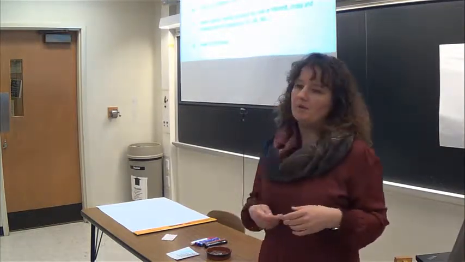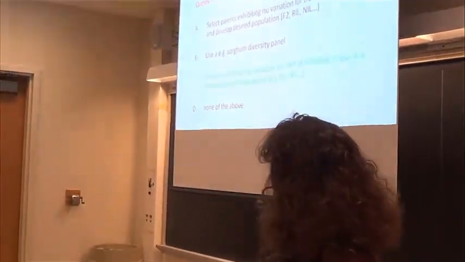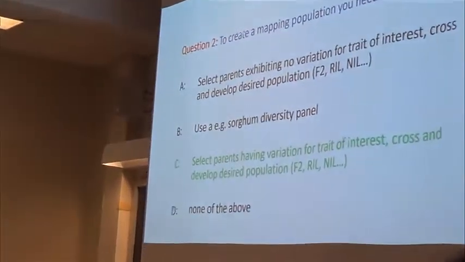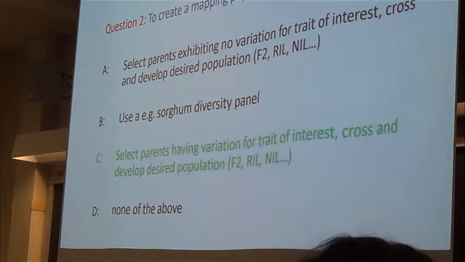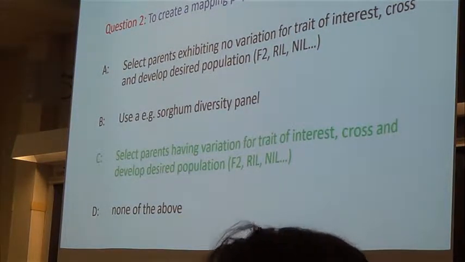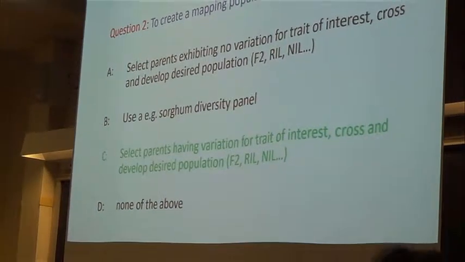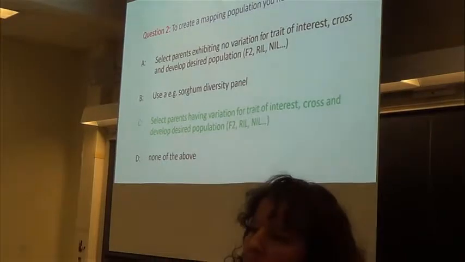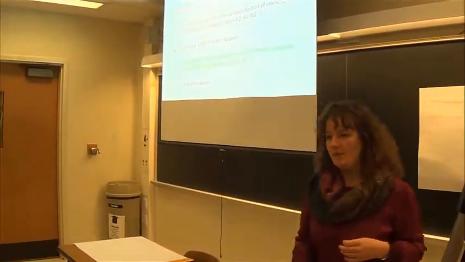Or D, none of the above. It's very, very important that you select parents that have variation for your trait of interest, high yielding and low yielding, for example. You need genetic variation. You cross and then you develop your population of interest, maybe an F2 population, a recombinant inbred line population, or a near isogenic line population.